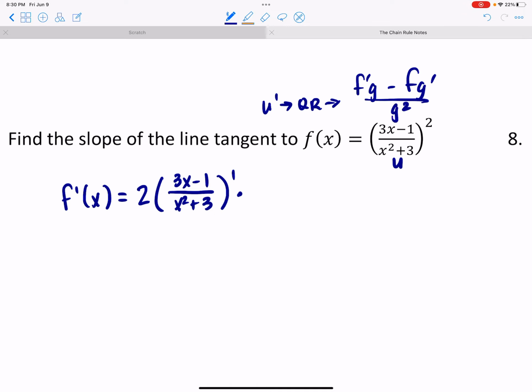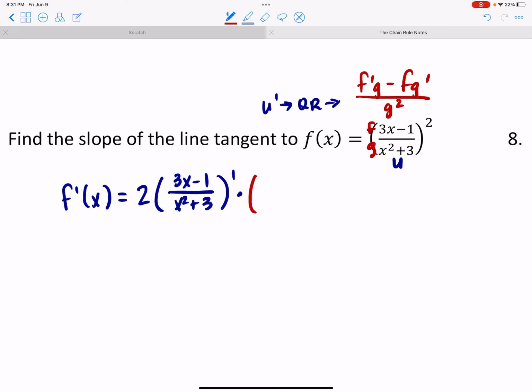So this is the format, where the numerator is our f and the denominator is our g. So lots of f's and g's in two different things, but we need to multiply by the derivative of this inner function, so that's going to require that quotient rule.